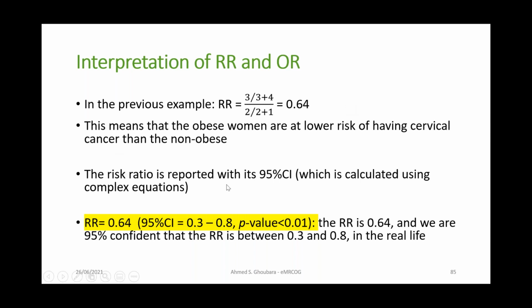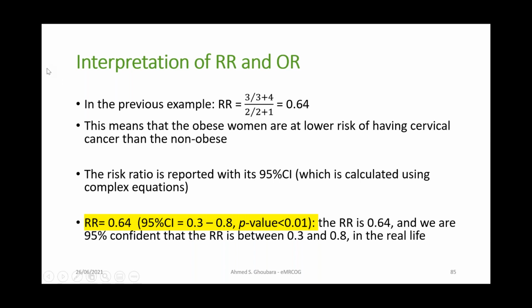The risk ratio is reported. This is the next important thing, okay? The 95% confidence interval that comes with the odds ratio and relative risk. It completes the relative risk and odds ratio. No odds ratio, no relative risk should be reported without its 95% confidence interval.